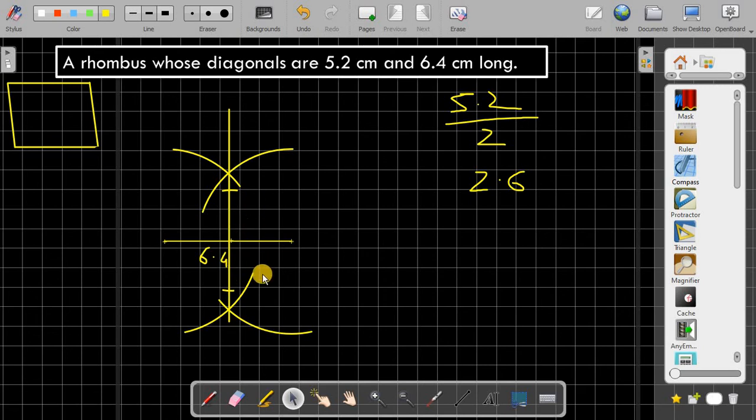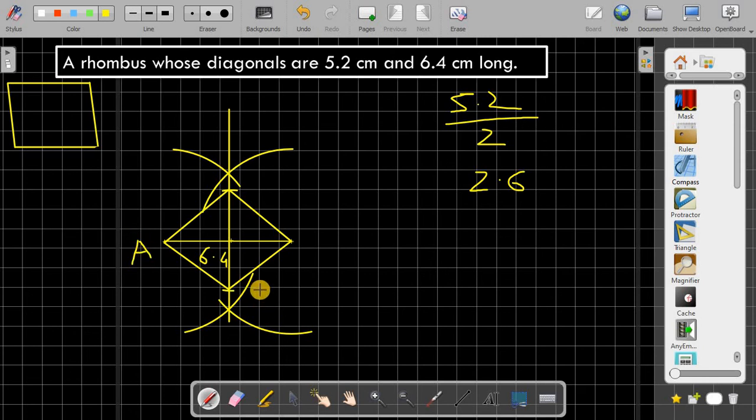Then in the last step you take the scale and join all the points. So this is your complete rhombus, and at the last step you simply give the name.